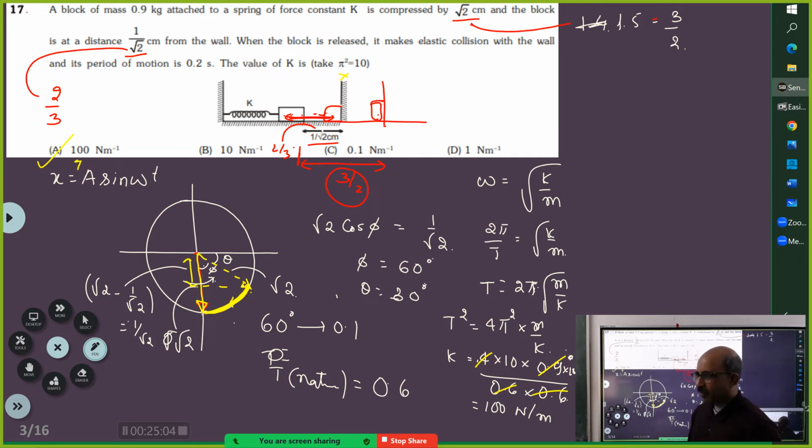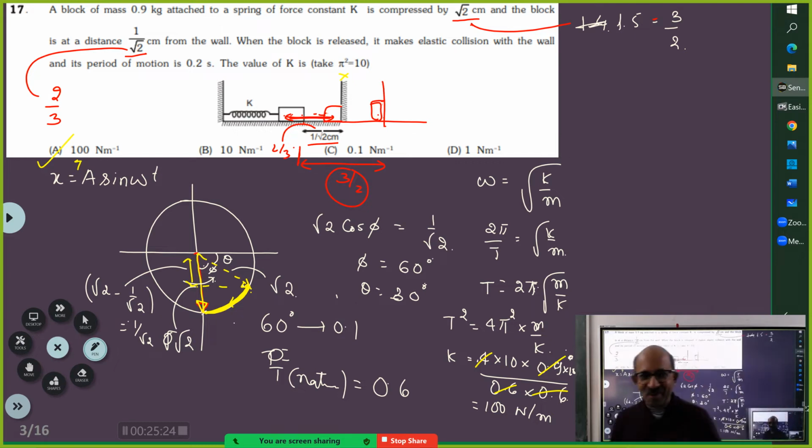The walls were like movable. After that collision, sir, won't that body stay there, or what will happen? They have told elastic collision, no man. They have told elastic collision, it has returned. But that wall also can move. They have made the wall sturdy, it is non-movable. No, sir, I am asking you. Hey, see, then the problem is going to be different, gentlemen.